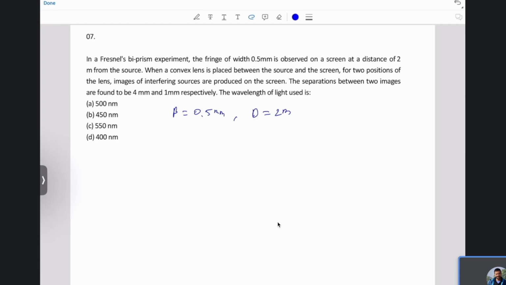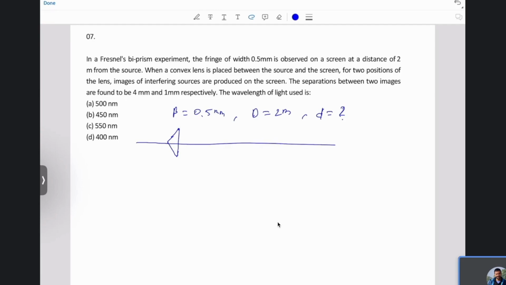So now here we don't have the distance between the two virtual sources, but we are given another information, that the separation of two images formed when we place a biprism like this.